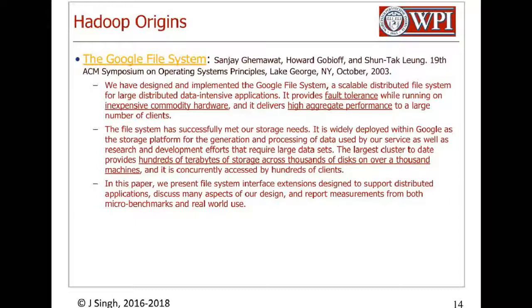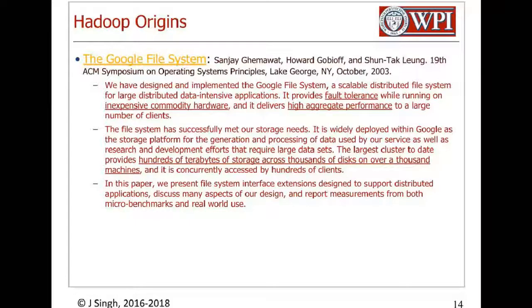The second design goal, which they say they met, was that this is the way to store large amounts of data. In 2003, they were storing hundreds of terabytes across over 1,000 machines, accessed by hundreds of clients. So by 2003, they were already using this system pretty widely within Google.